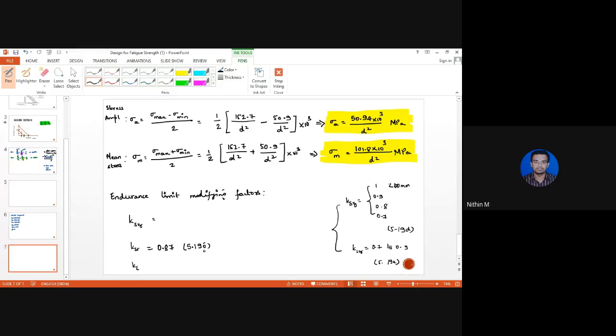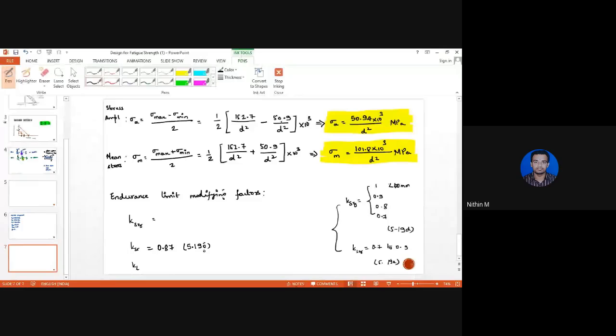you will get a fair idea about what might be the diameter of the shaft. If you solve more problems, you will develop an intuition to say what will be the size of the shaft required if the applied force is a particular value.